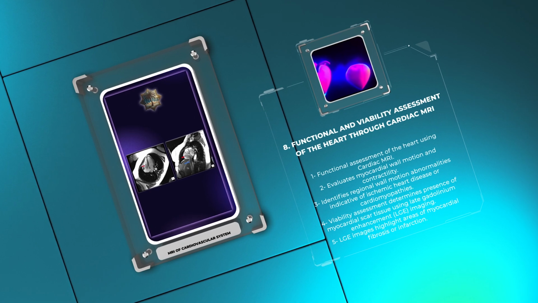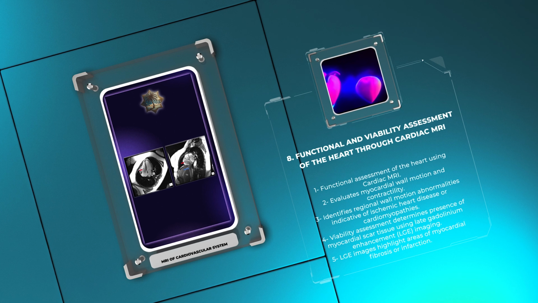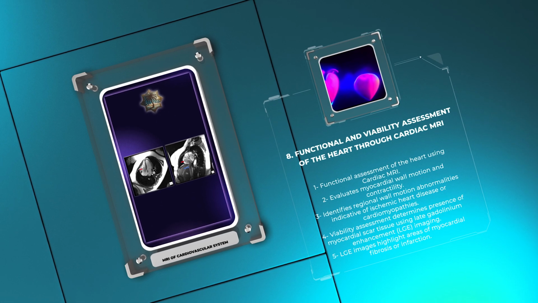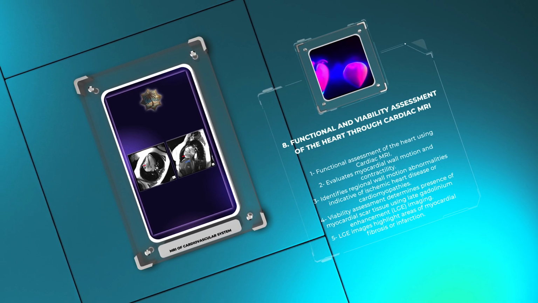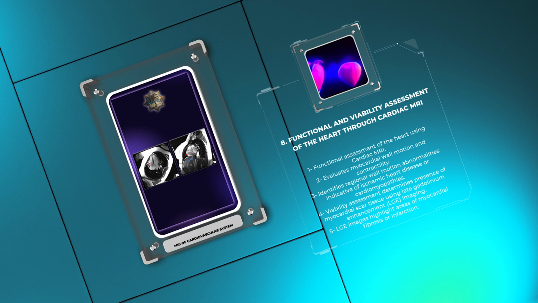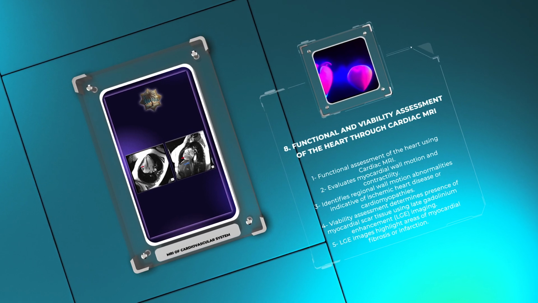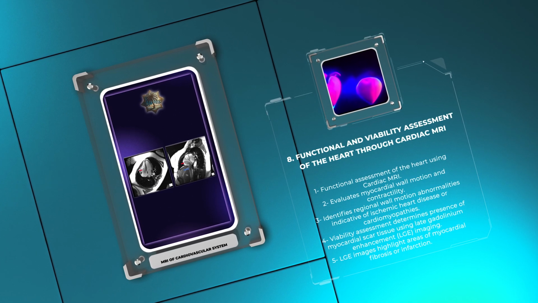It aids in identifying regional wall motion abnormalities indicative of ischemic heart disease or cardiomyopathies. Viability assessment, on the other hand, determines the presence of myocardial scar tissue using late gadolinium enhancement (LGE) imaging. LGE images acquired 10 to 15 minutes after contrast administration highlight areas of myocardial fibrosis or infarction, helping in the differentiation of viable and non-viable myocardium.